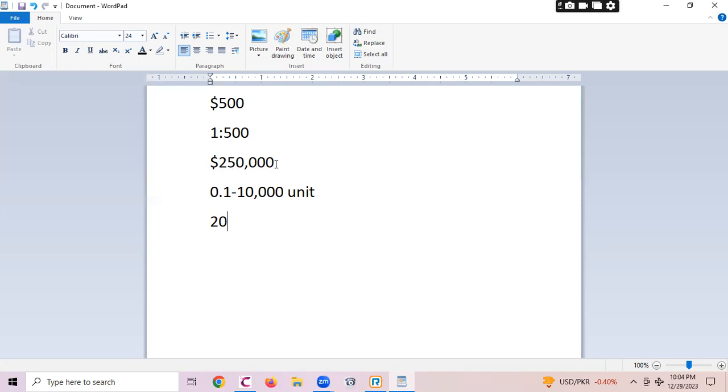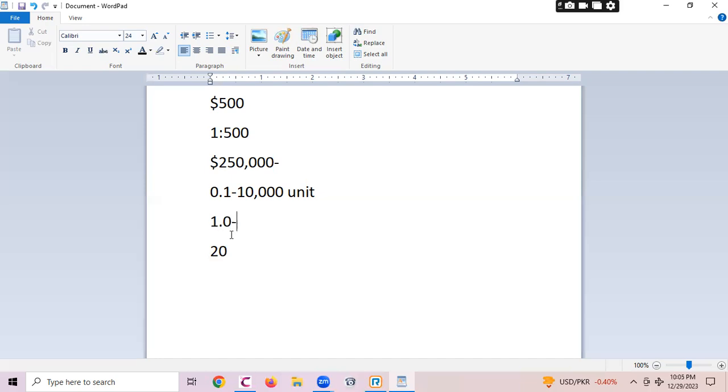And with this $250,000, a standard account is 100,000 units. And 100,000 units using lots is 1.0. This is the lot size for a standard account. This is a standard lot.